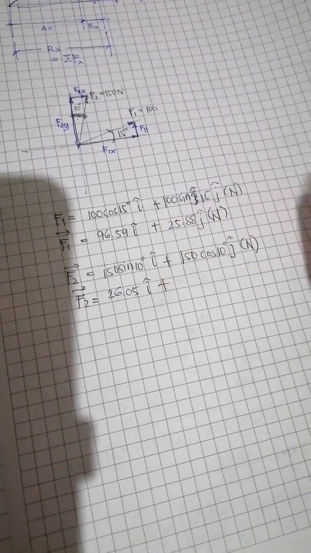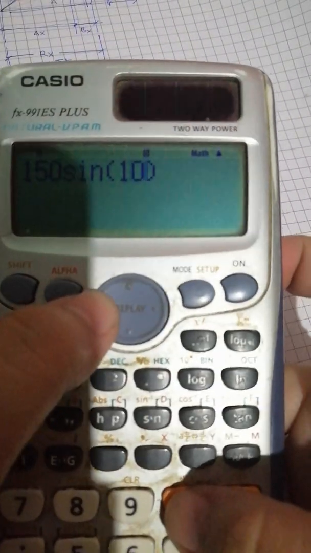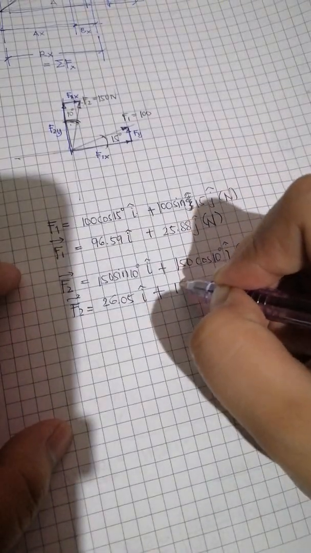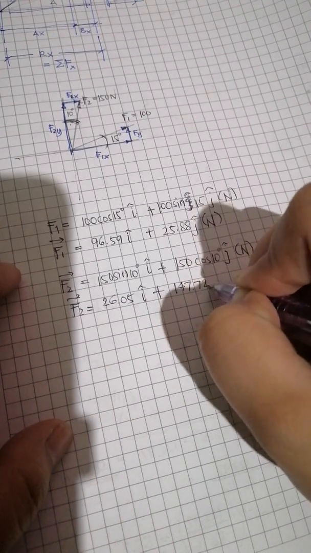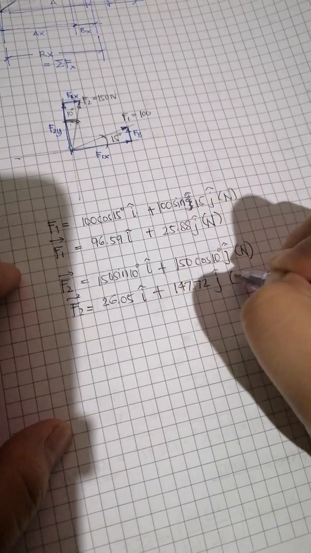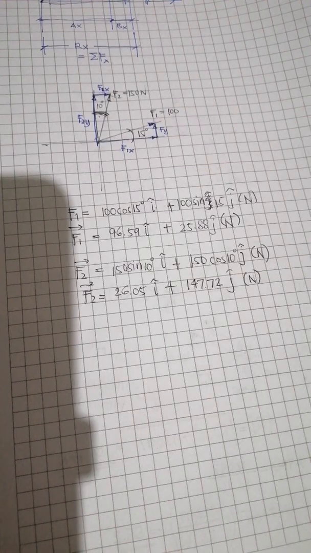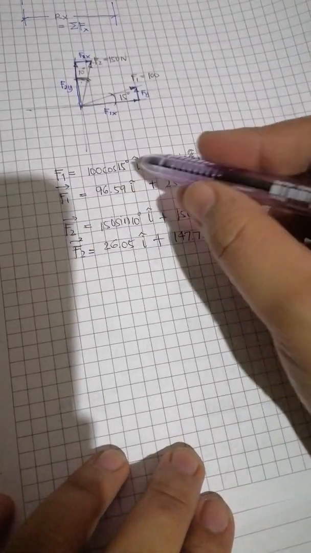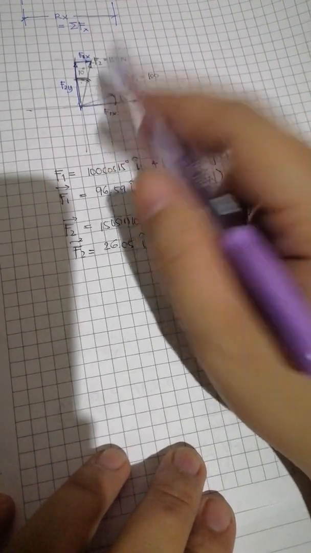Okay, for the j hat, you need a cosine 10: 147.72 j hat. So we already got the vector forms of the two given vectors.